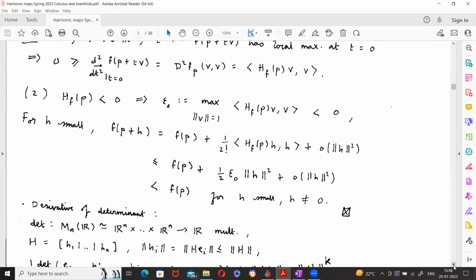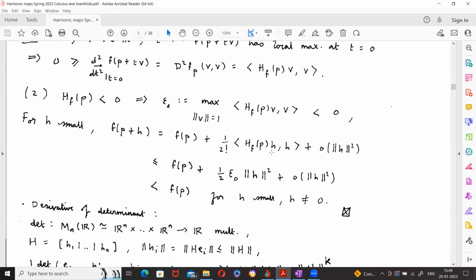Now we use the second order Taylor theorem. For h small, f of p plus h will be f of p plus the first order term, dfp, which is 0, we're assuming, so there's no first order term. Then the second order term is 1 over 2 factorial into the second derivative, which is the same as the quadratic form associated to the Hessian matrix, plus the remainder term, which is little o of norm h squared, right?